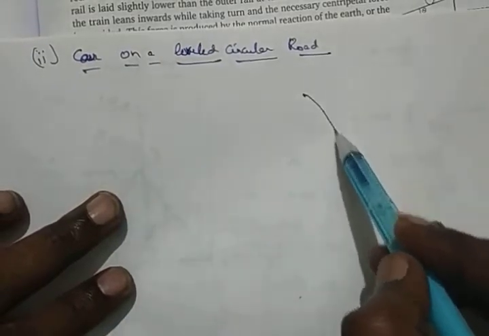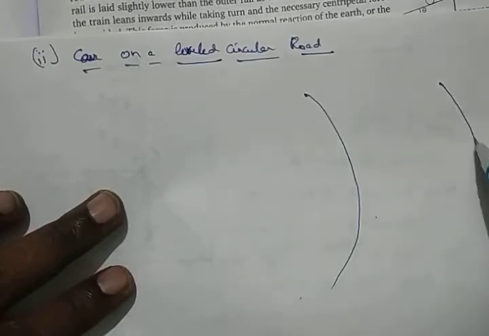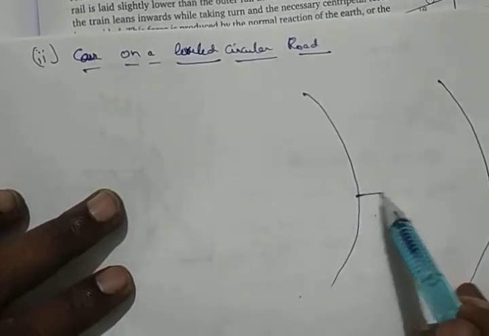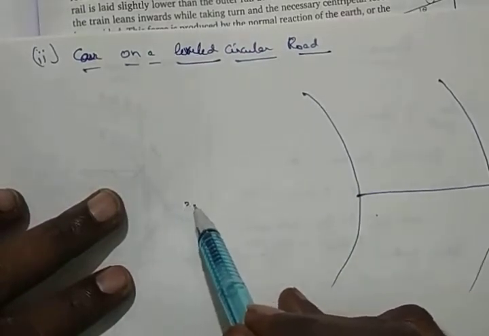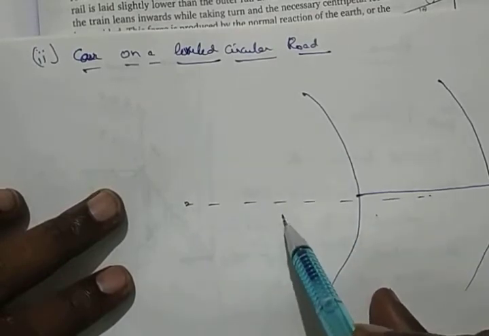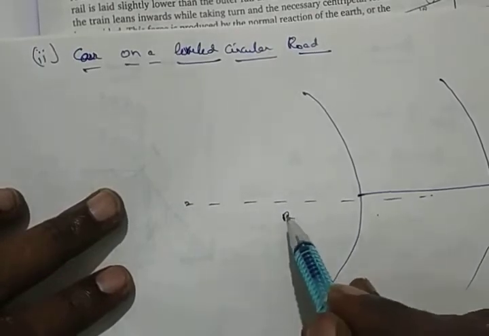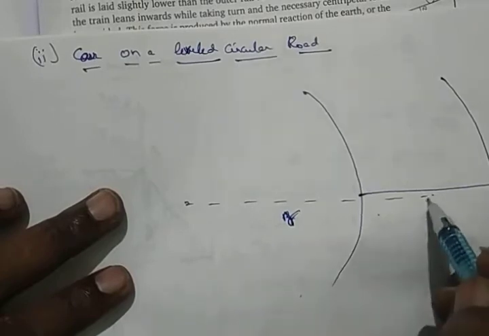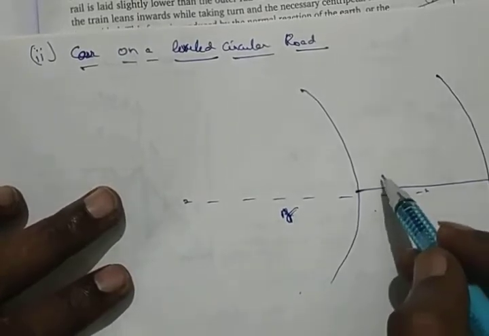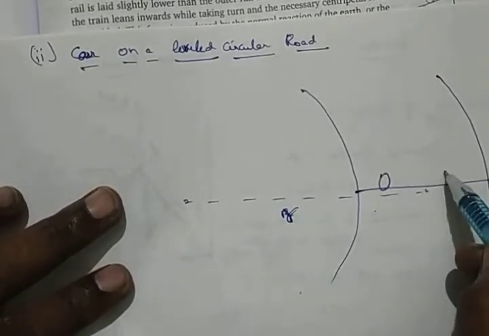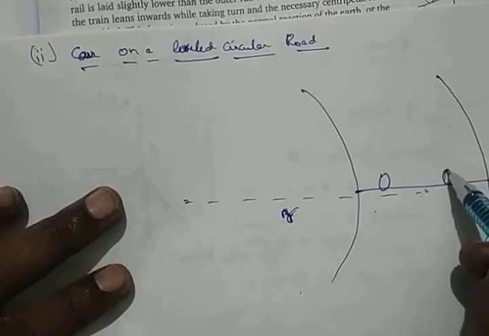So we see a car traveling on a curved path like this, and maybe this is the radius. If we take this as the radius, we can give it a small r as the radius from the center. So you can make a wheel of the car like this.